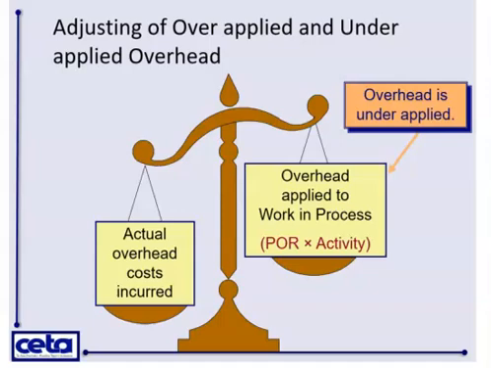It can also happen that we underestimate. We calculated the rate using estimated overhead and cost driver, and we calculated our factory overhead. That can be under applied too. We estimated less, whereas actual incurred was more. So in this case, we have under applied. And if you under apply, that means in our job cost card, we said our additional cost will be less.